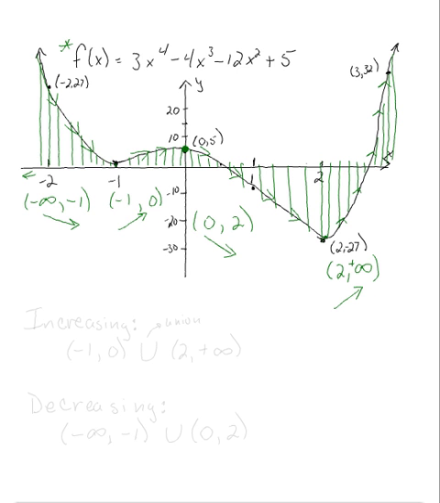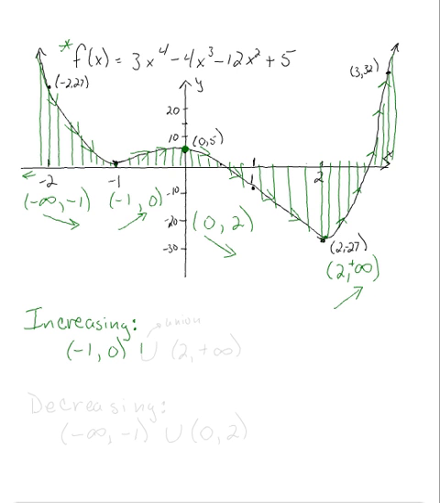Okay, so let's take this information that we have and organize it a bit better. So I want to give the intervals where the function is increasing. Those intervals would be, well, let's go back up here. We have an up arrow for the x values between -1 and 0, and also for the x values from 2 to infinity.